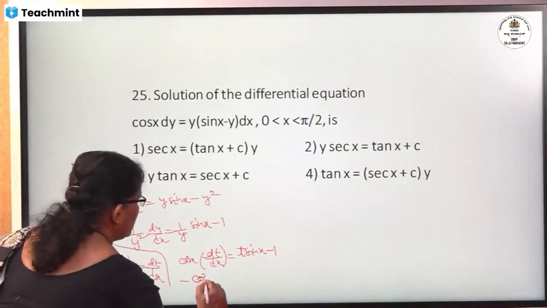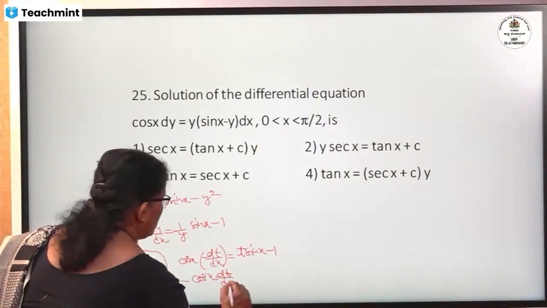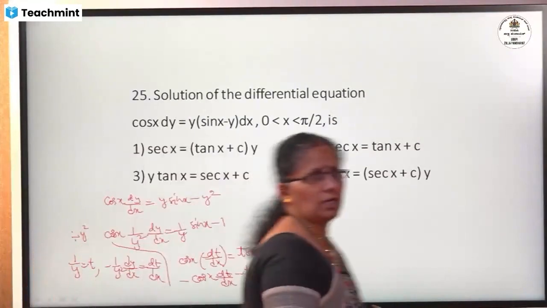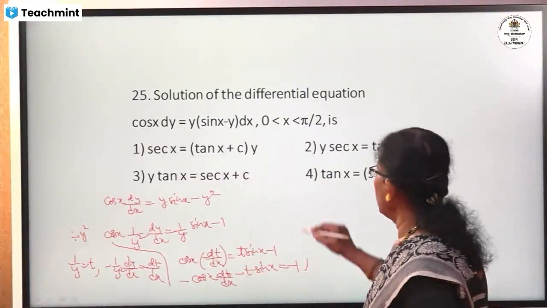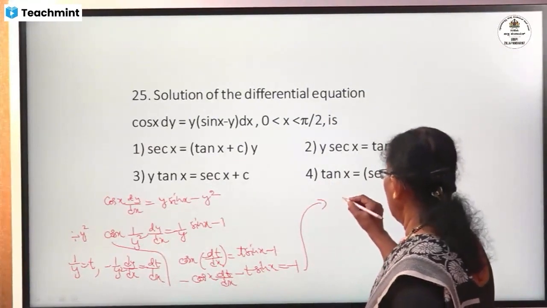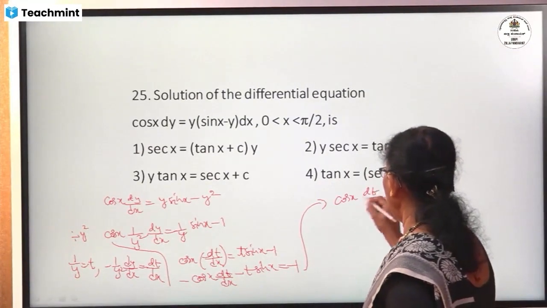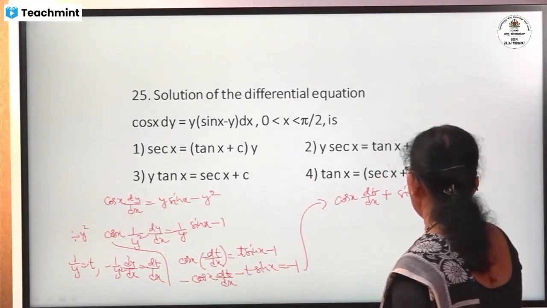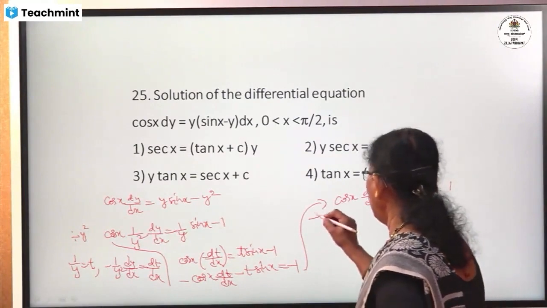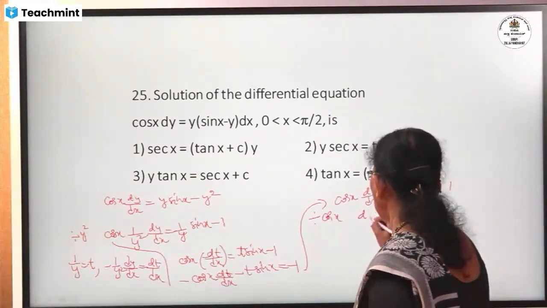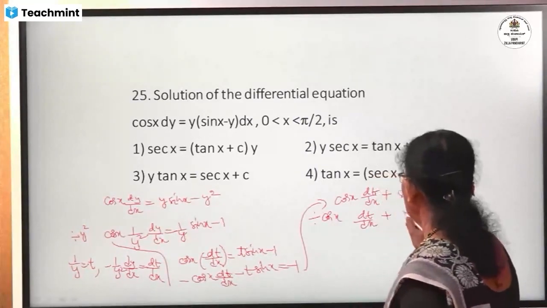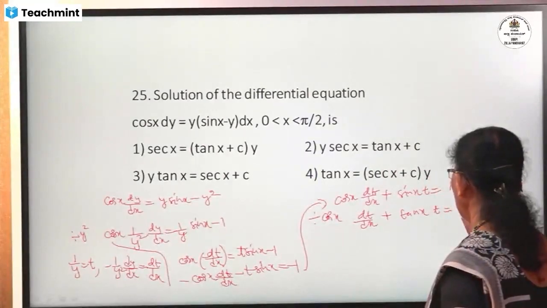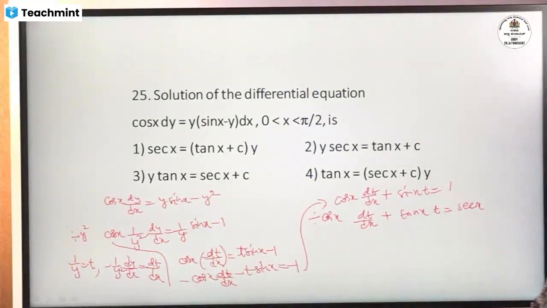So it is minus cos x dt by dx minus t sin x equal to minus 1. So let us multiply by negative sign. I get cos x dt by dx plus sin x into t equal to 1. I will divide by cos x. So it is dt by dx plus sin x by cos x, that means tan x, into t equal to 1 by cos x, that means secant x.